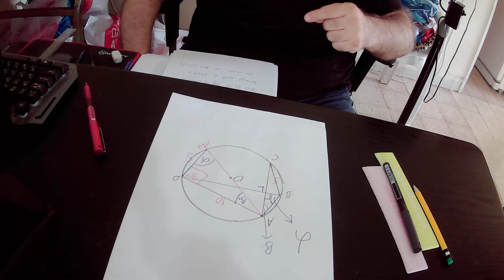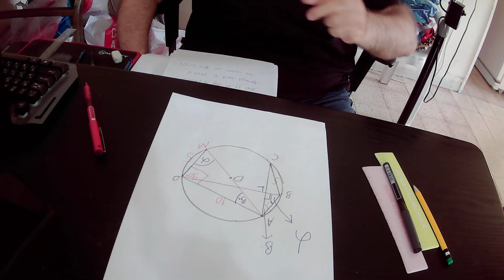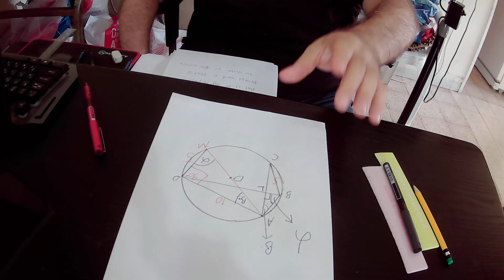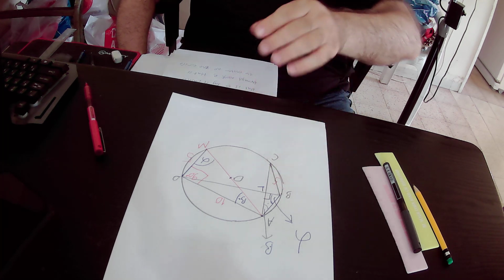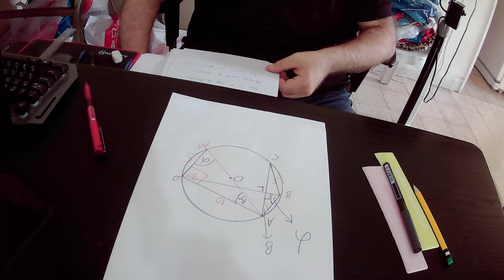That is to say, it passes through point O, which is the center of the circle. For that reason, chord AM is the diameter of this circle.